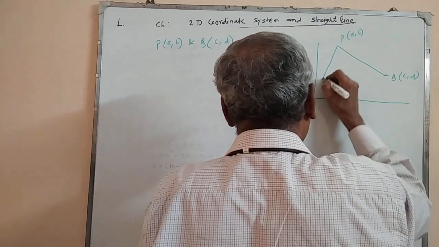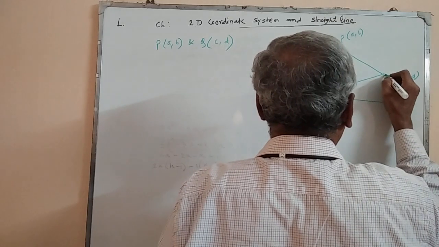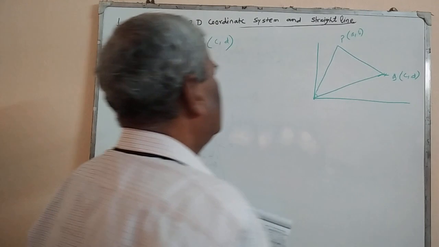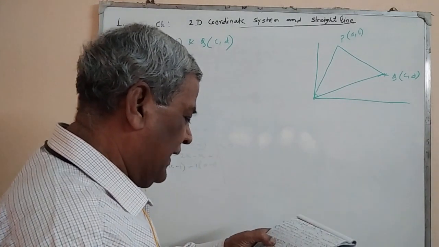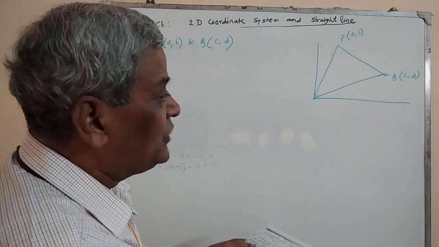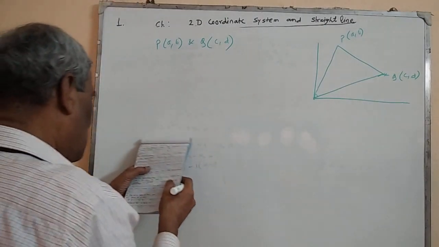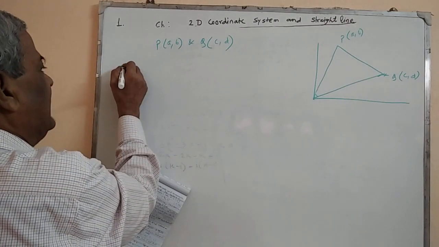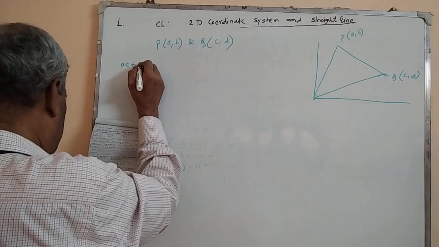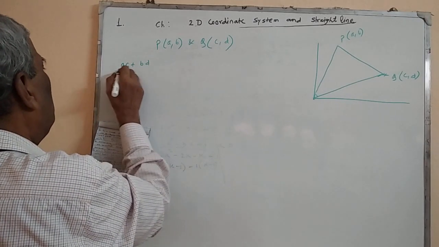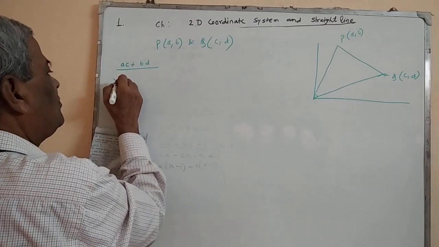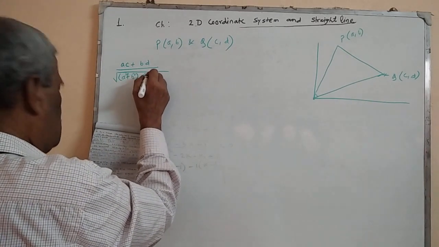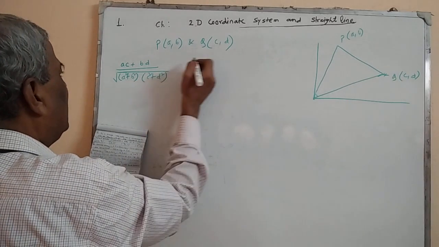If you join them, this angle is theta. Then we have to find cos theta. Options are: A, (AC plus BD) by root over (a square plus b square) into (c square plus d square).